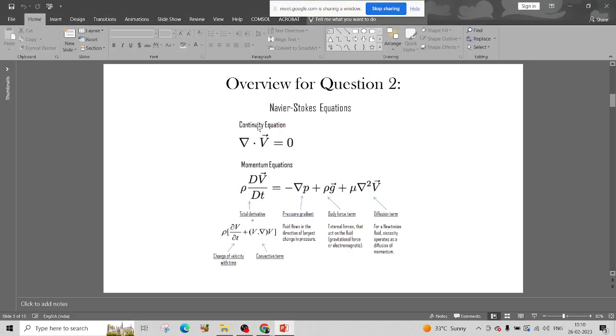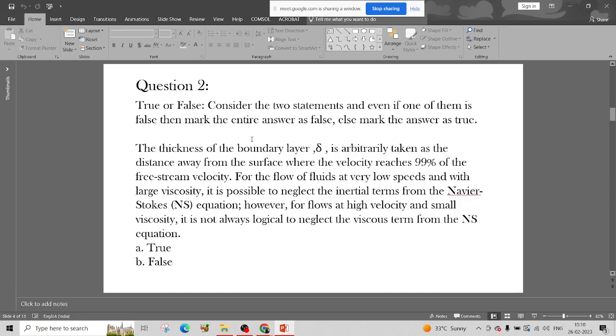What is the next question? For the next question, remember this is the Navier-Stokes equation. For this question, the thickness of the boundary layer delta is arbitrarily taken as the distance away from the surface where the velocity reaches 99% of the free stream velocity.